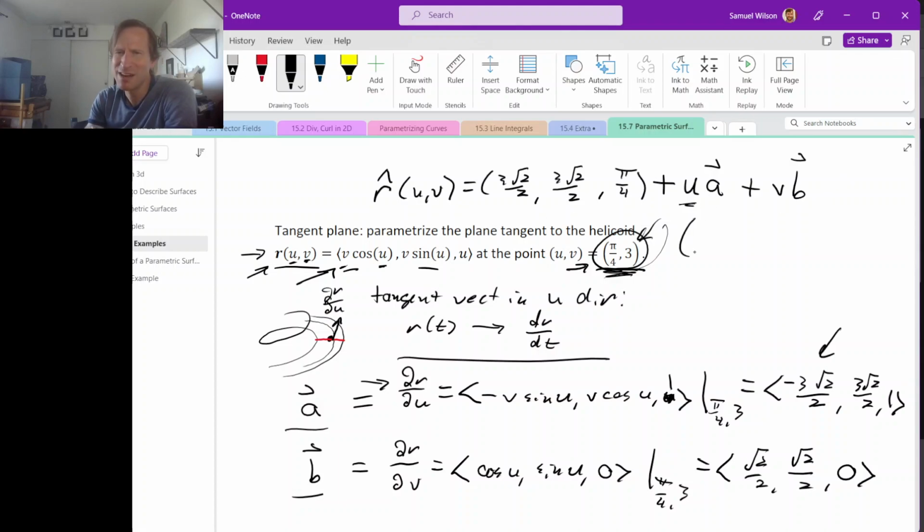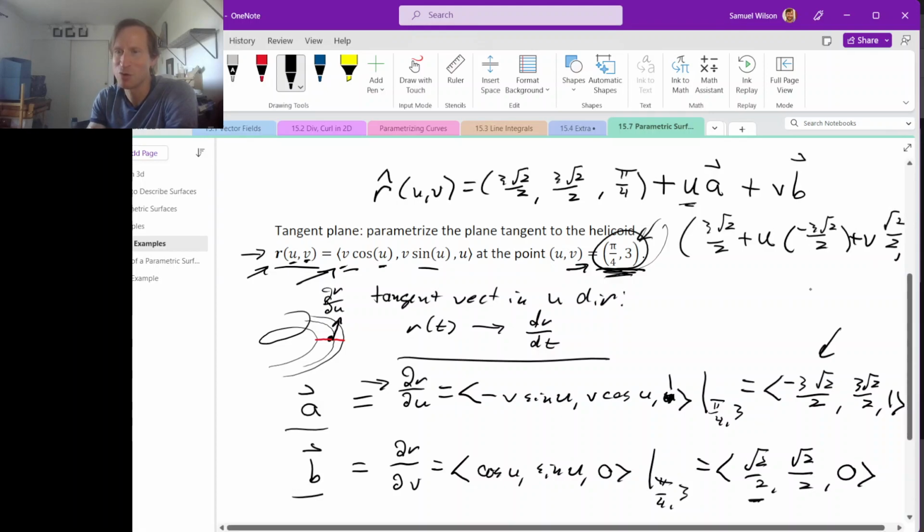To write this all out, it's going to be, let's see, 3 root 2 over 2 plus u times the first coordinate of A, which is minus 3 root 2 over 2, plus v times the x coordinate of B, root 2 over 2.